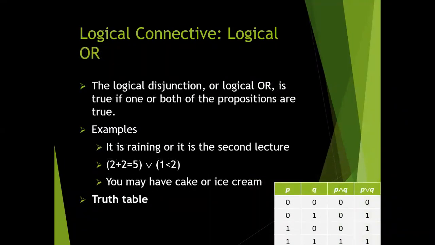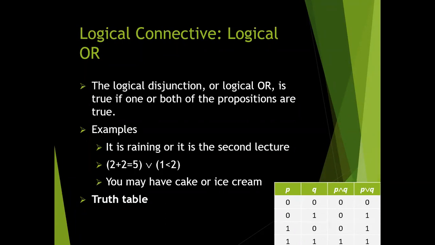Logical connective OR. Now the next connective comes, OR. This is also known as the logical disjunction. The AND is known as the conjunction and the OR is known as the disjunction or logical OR. This becomes true if one of the propositions is true.